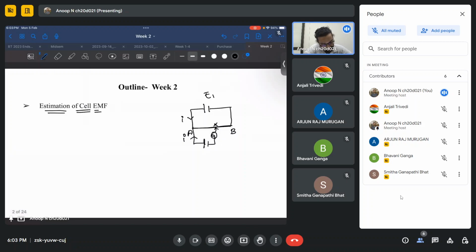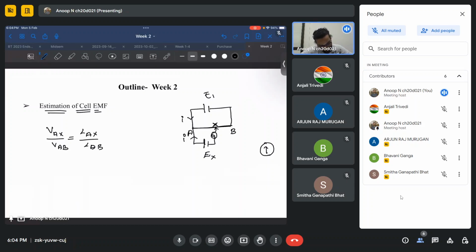So let's call it E1, and this is EX. This comes directly from Ohm's law. Here we have a galvanometer, and at a particular point, which we take as X, it will give a current of 0. In this case, the current is balanced. So we can write VAX divided by VAB is equal to LAX divided by LAB.